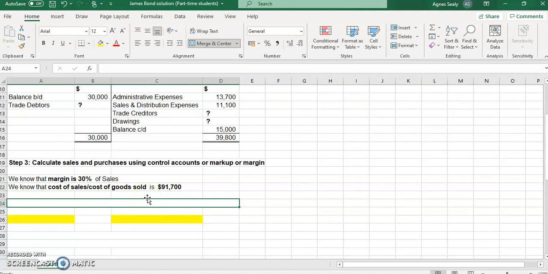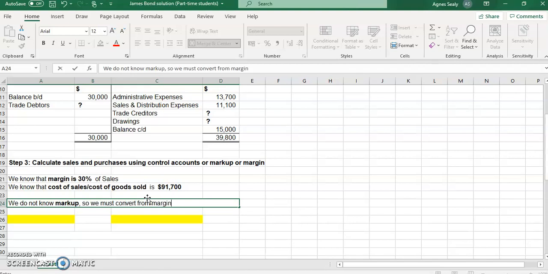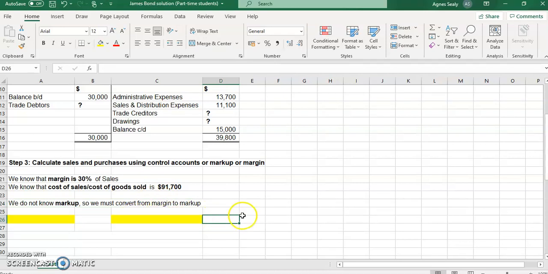What we do not know is markup. So because we do not know markup, what we must do is convert from the margin that we know to a markup. That's what we have to do. So we have to go through a conversion process. Okay?